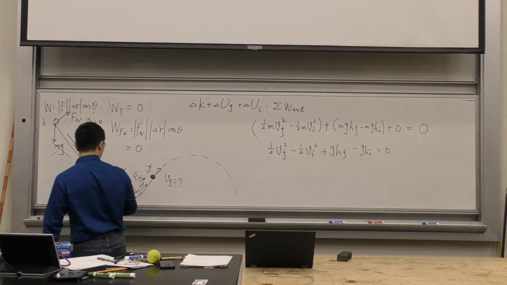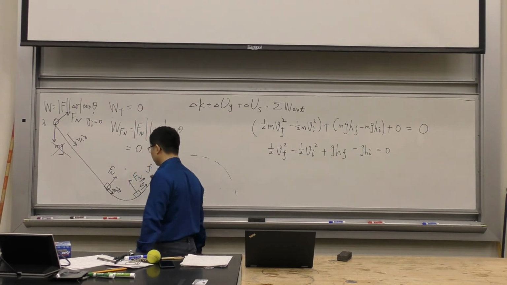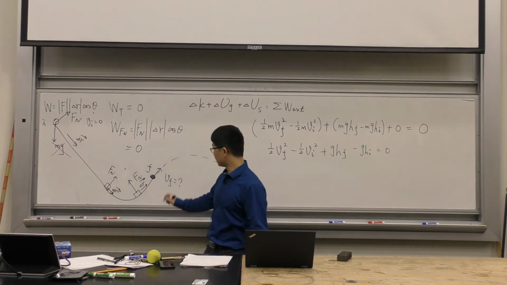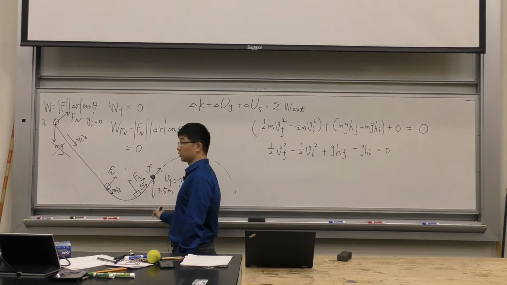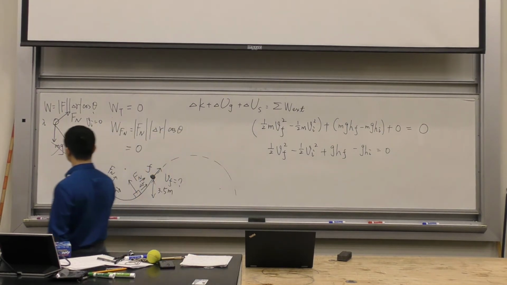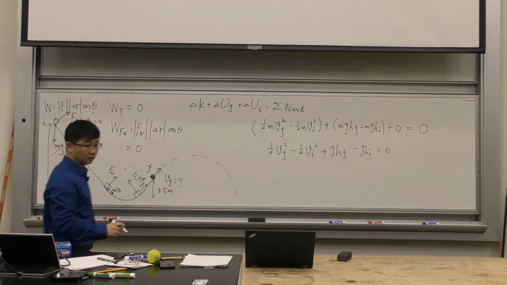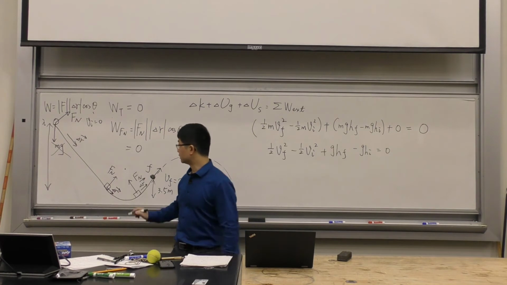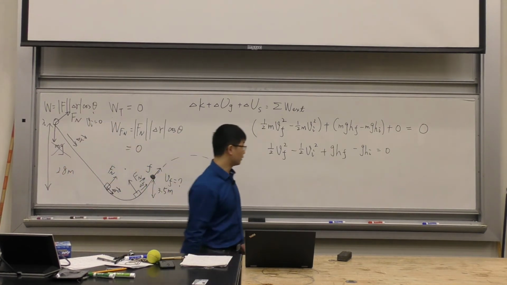Now, what about these two heights? If I have these two heights, I can go ahead and rearrange that equation. The problem says this is 3.5 meters, so that's going to be my final height to plug in. And then it says this height is 28 meters. All right, you see, nothing has changed.